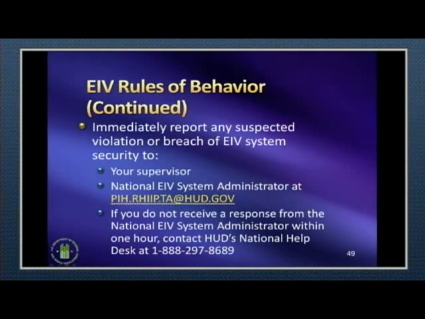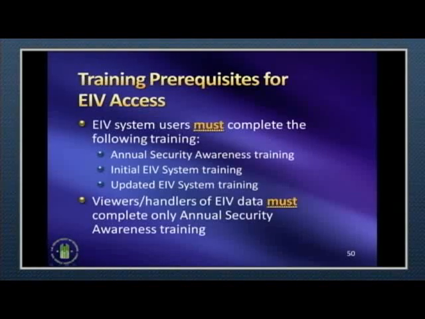Because our key here is to make sure that if there's any type of suspected security breach, we have the ability to analyze it, determine whether there is in fact a breach, and if there is, whether it's a low, medium, or high level impact that would warrant us to take whatever type of action in a reasonable time frame.